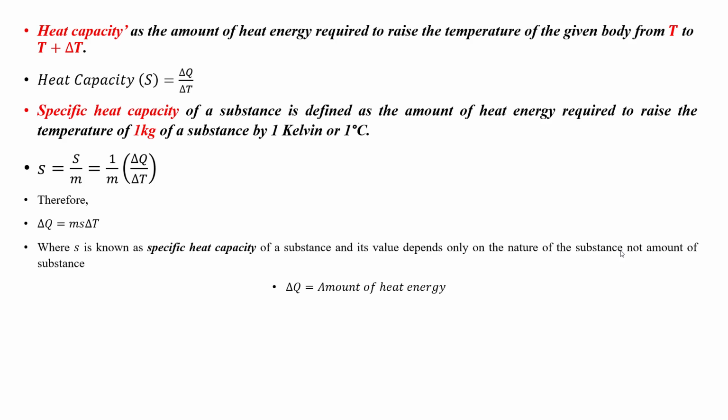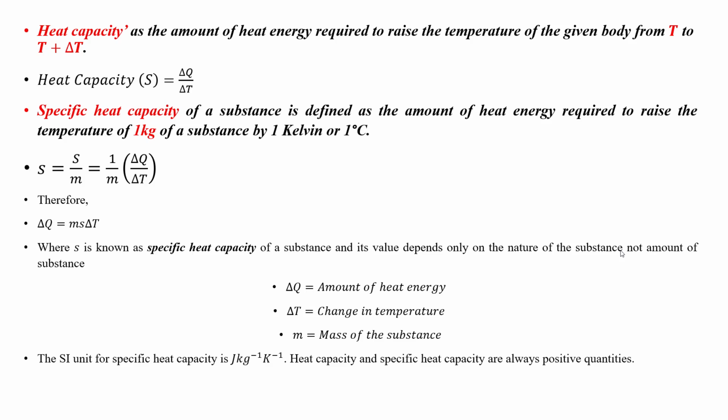Where delta Q is amount of heat energy, delta T is change in temperature, and M is mass of the substance. The SI unit for specific heat capacity is joule per kilogram per Kelvin. Heat capacity and specific heat capacity are always positive quantities. You need to keep in mind that these two quantities are always positive.